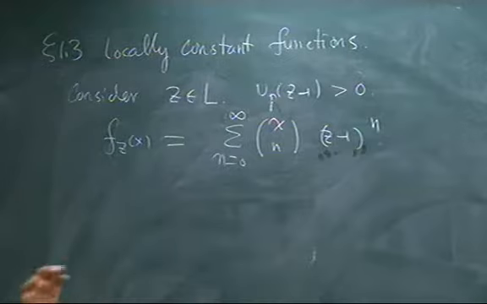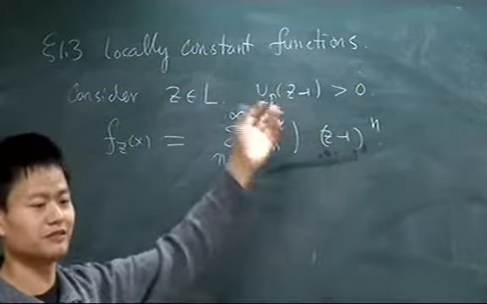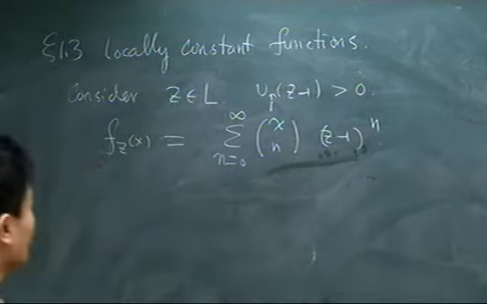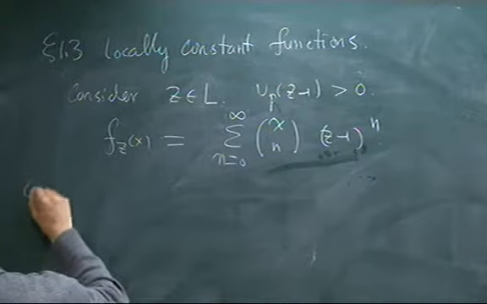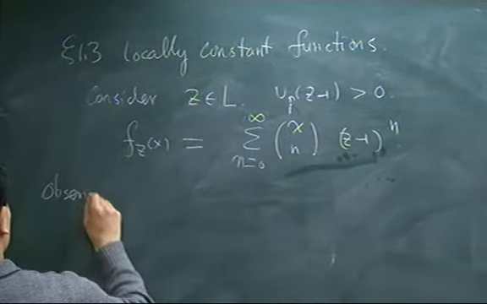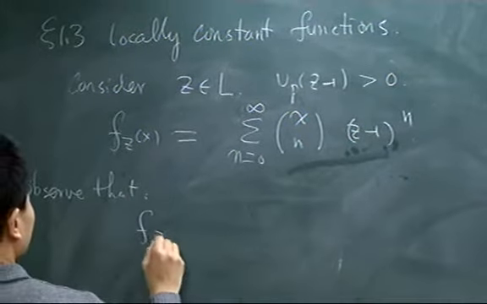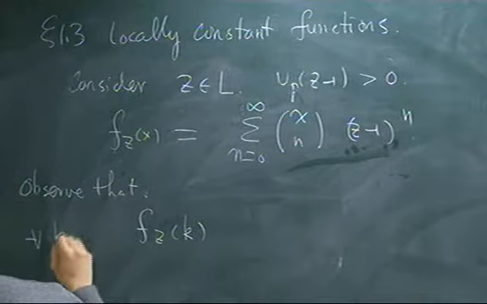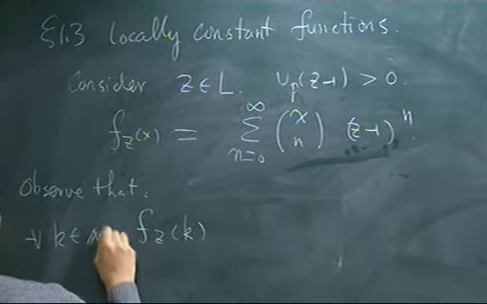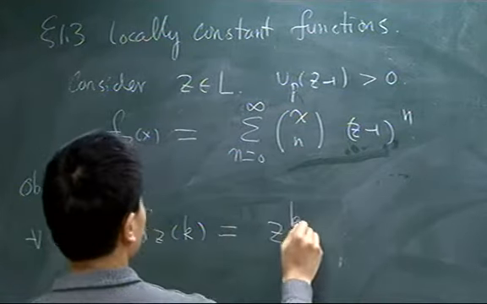And in p-adic analysis, you just need the general term to go to 0 to converge. Observe that f_z(k) for k contained in N is nothing but z to the power k.